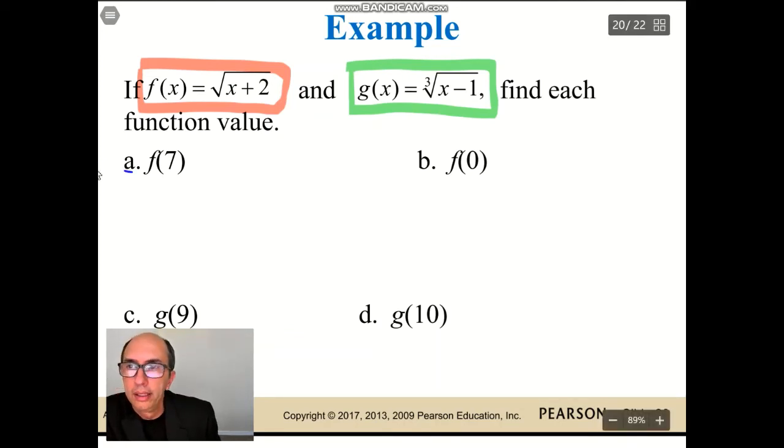Letter A, f of x equals 7, f(7). So you just plug in 7 plus 2, right? Instead of x, you substitute 7, square root of 9, so f(7) equals 3.